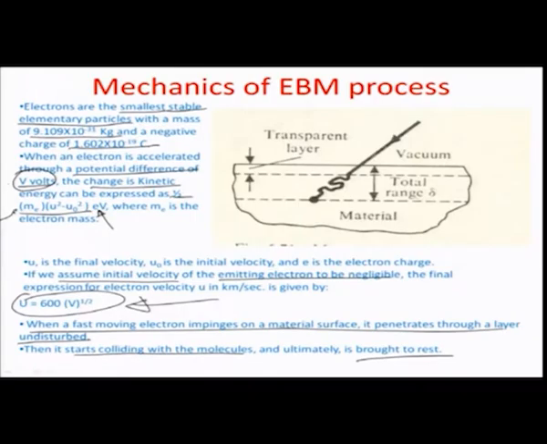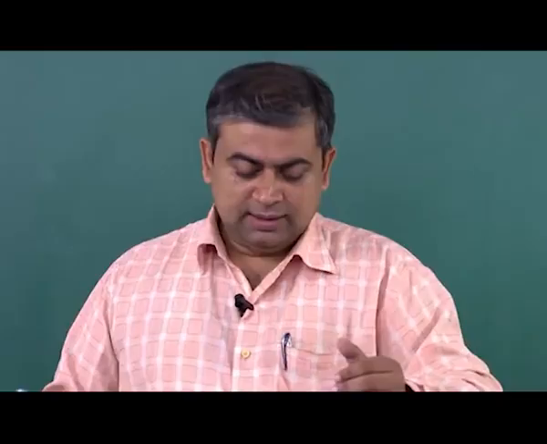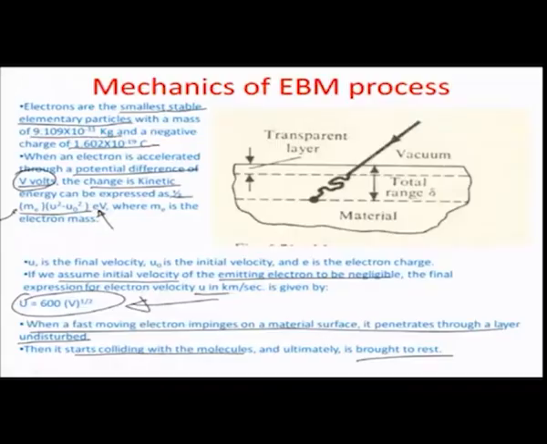So, if it is 150 kilovolts through which it moves, then this V corresponds to 150,000. It is a very high value, and that is how the velocity u is determined for the electrons in kilometers per second.